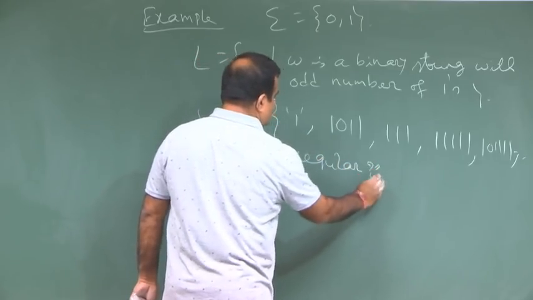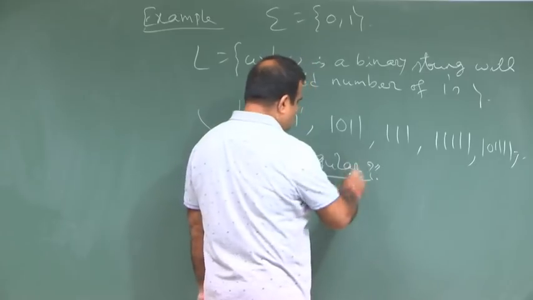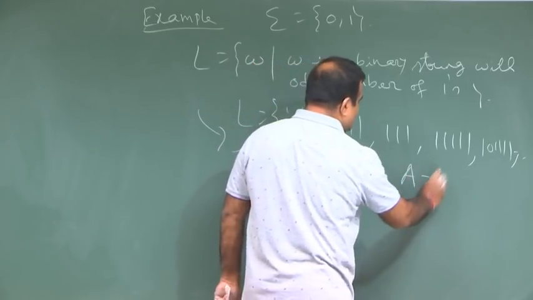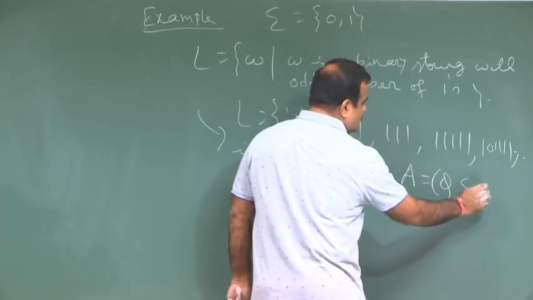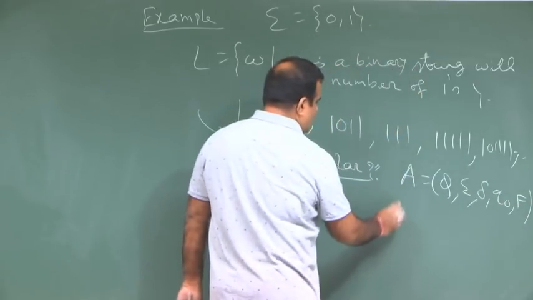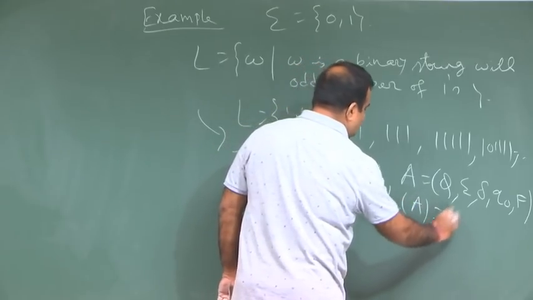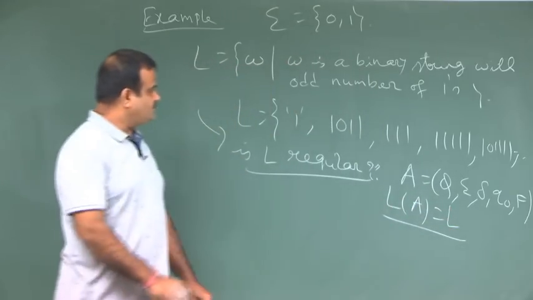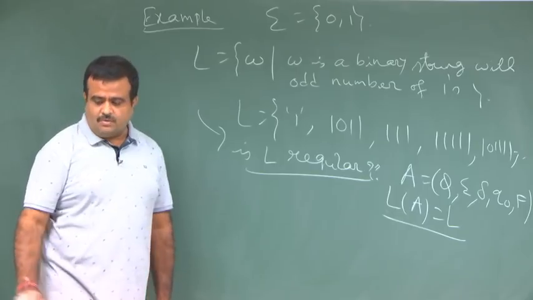For this, we need to have a DFA (Q, sigma, delta, q0, F) such that the language of the DFA is the same as this. That we have to check.